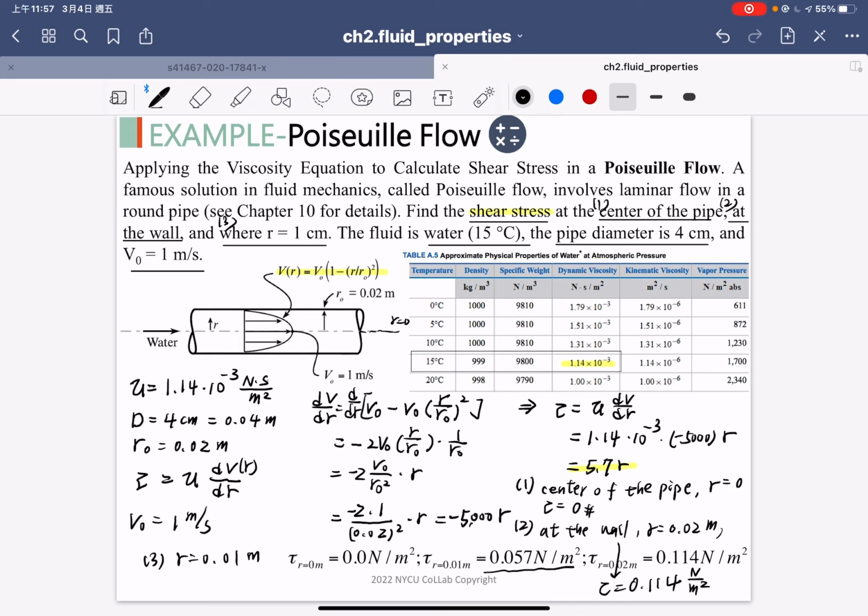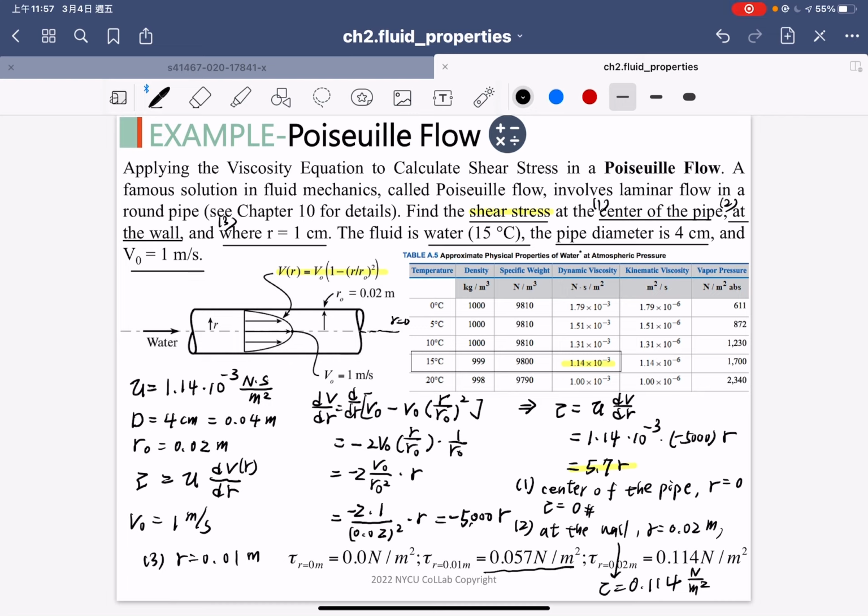Okay? So the basic idea is we have the viscosity equation, and tau is equal to mu multiplied by the velocity gradient. So with different velocity gradients, you will have different shear stress. So why can we have a different velocity gradient?